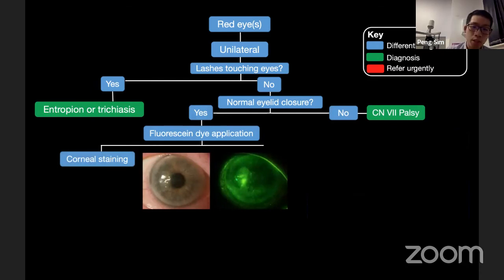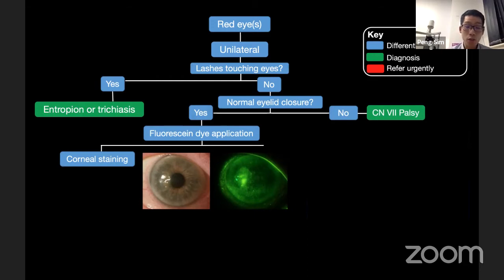This picture demonstrates nicely that even to the naked eye, the cornea looks normal, but once you put fluorescein in, you can see that there's quite a lot of staining, showing that there is a corneal ulcer here. Once the cornea stains, the next thing is to look at how the cornea itself looks.